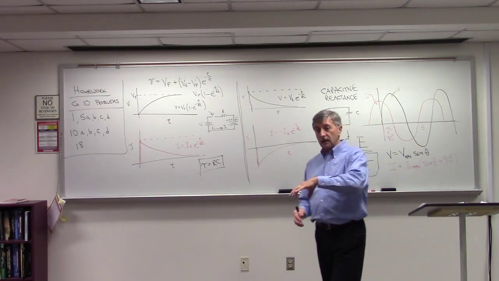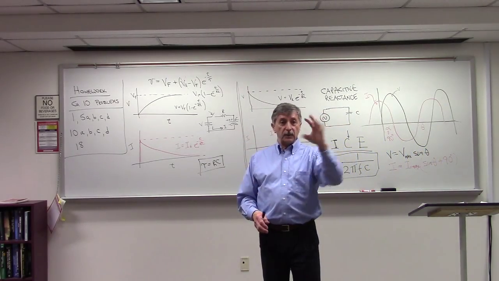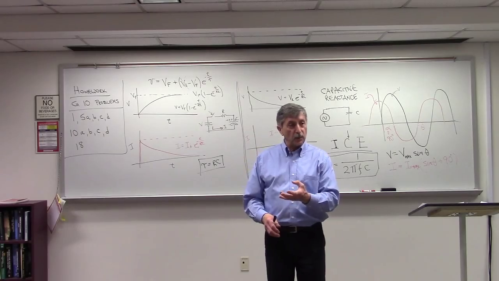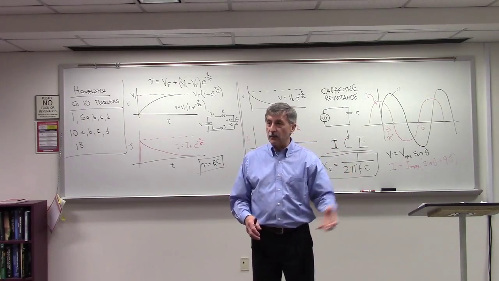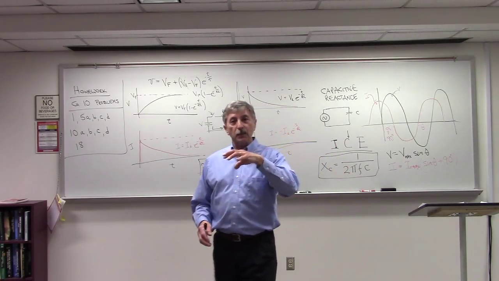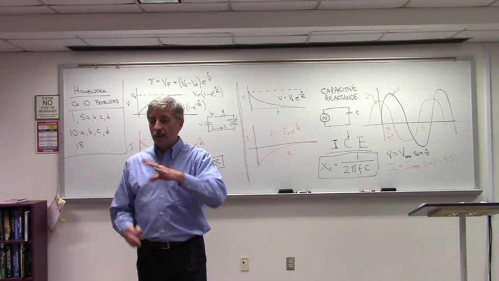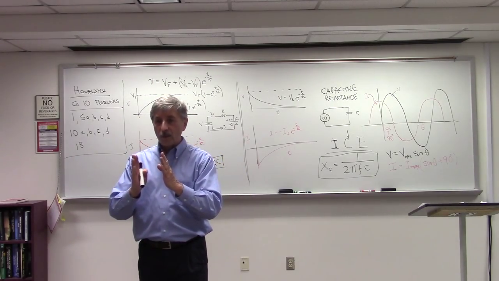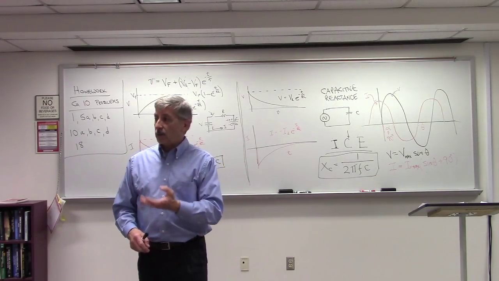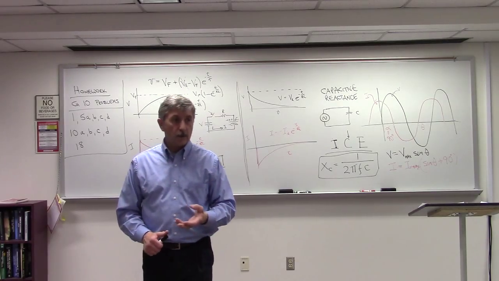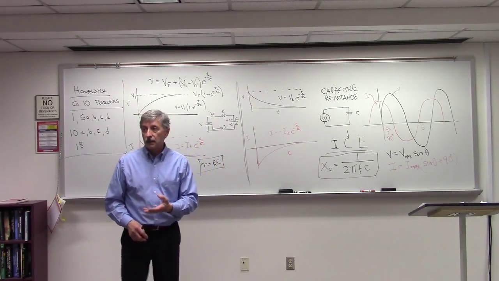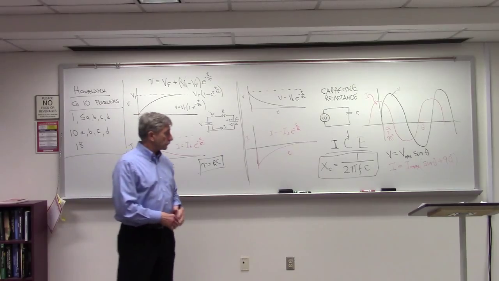So now the positive plate is starting to go negative, and the negative plate is starting to go positive. So you have this back and forth. And even though that capacitor is an open circuit, and there's a void between the two, it actually conducts electricity quite well because it's connected to an AC source.